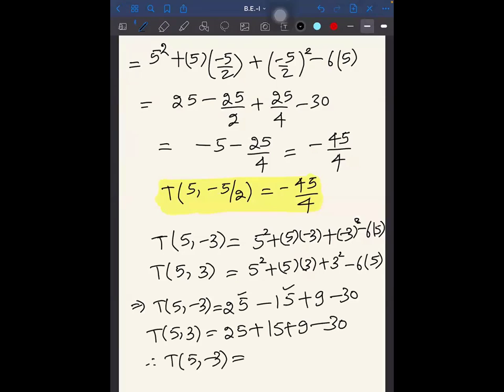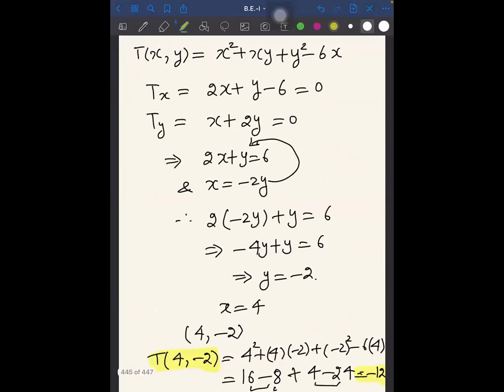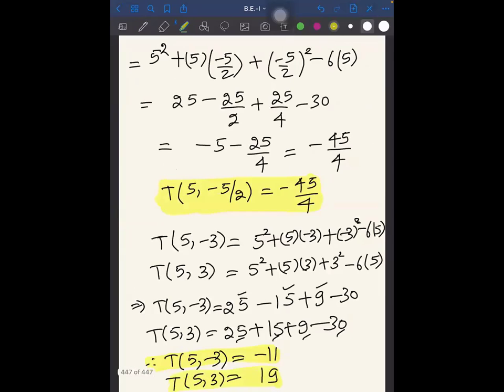This is 10 plus 9, 19 minus 30, minus 11, and for 5, 3: 40 minus 30, 10 plus 9, 19. So these are the two values which we are getting from here. Okay. So right now we have calculated these values. So minus 12 is minimum till now, okay? And maximum we are getting 19.